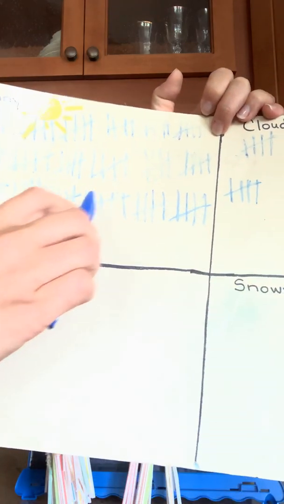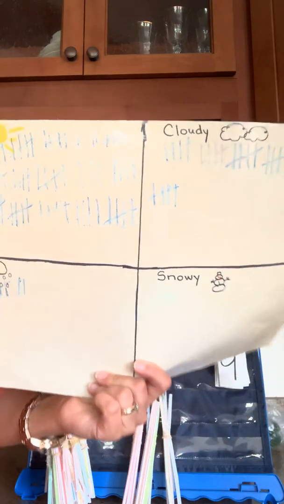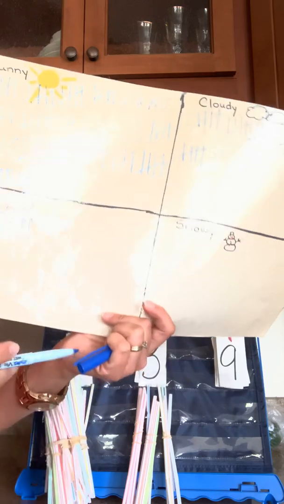5, 10, 15, 20, 25, 30, 35, 40, 45, 50, 55, 60, 65, 70, 75, 80, 85, 90, 95, 96, 97. What do you know about the weather? There are a greater amount of tally marks for sunny than rainy.